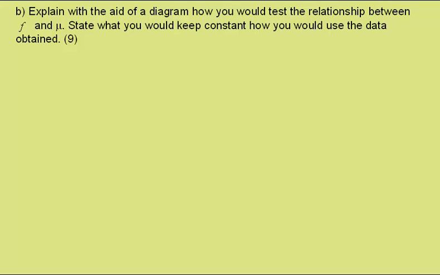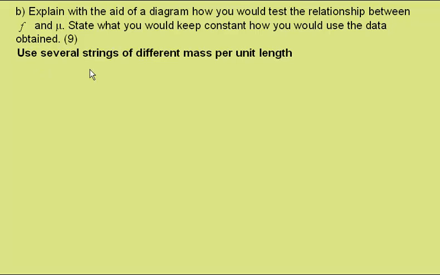I've reproduced part B on this page just so we can refer to it. Well, now we need to state how we would test the relationship between F and mu. So what we need to do is use several strings of different mass per unit length. This is what we're going to change.